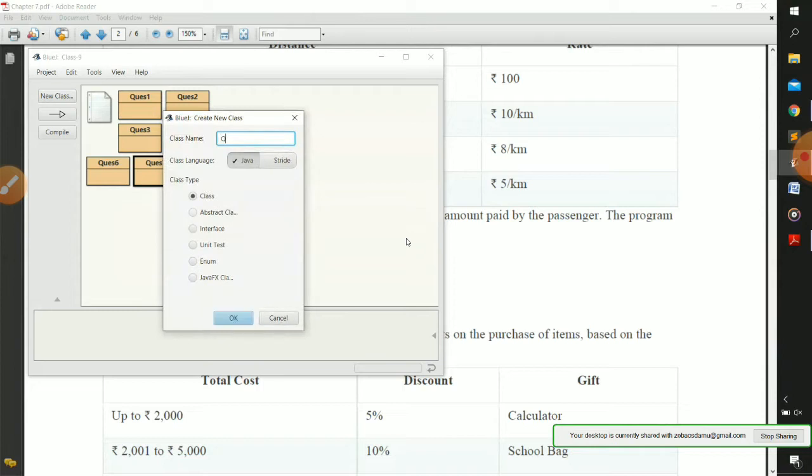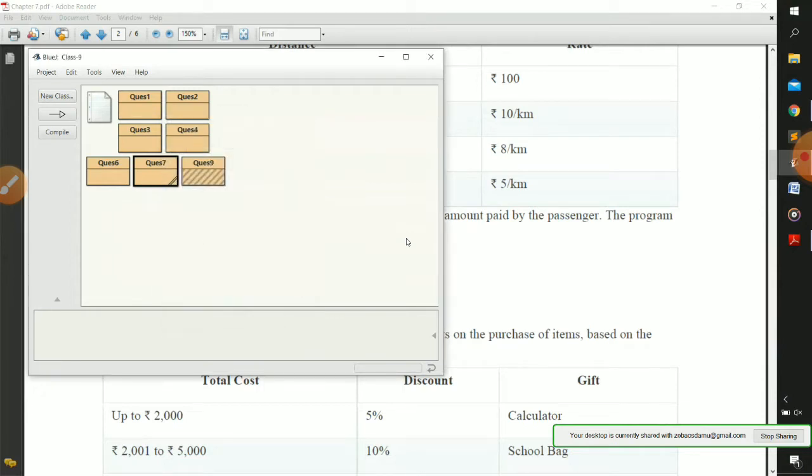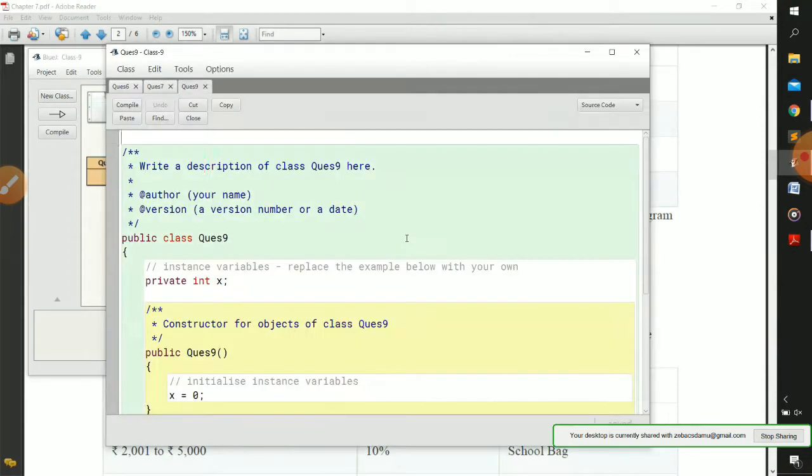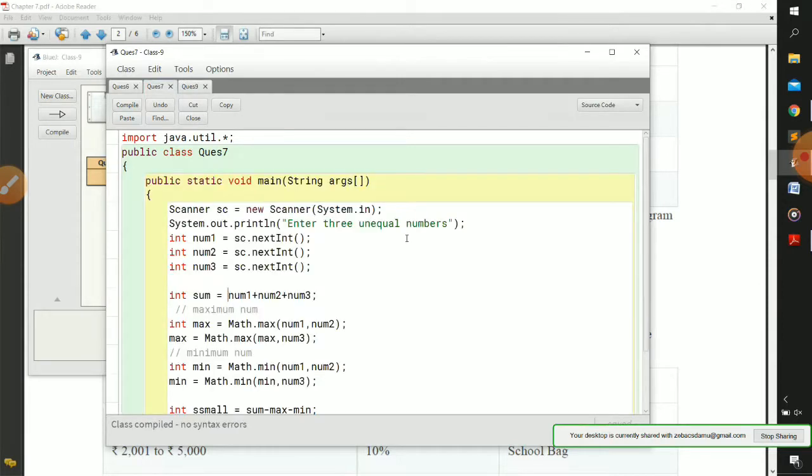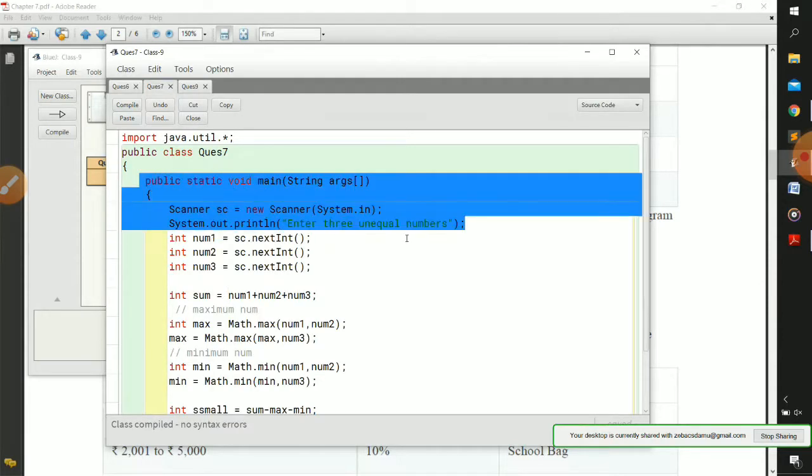We are dealing with our question number 9 right now. Okay, so import java.util.*, then public class Question9, then we need public static void main as well. So let us copy this from this portion. We need input also, no?